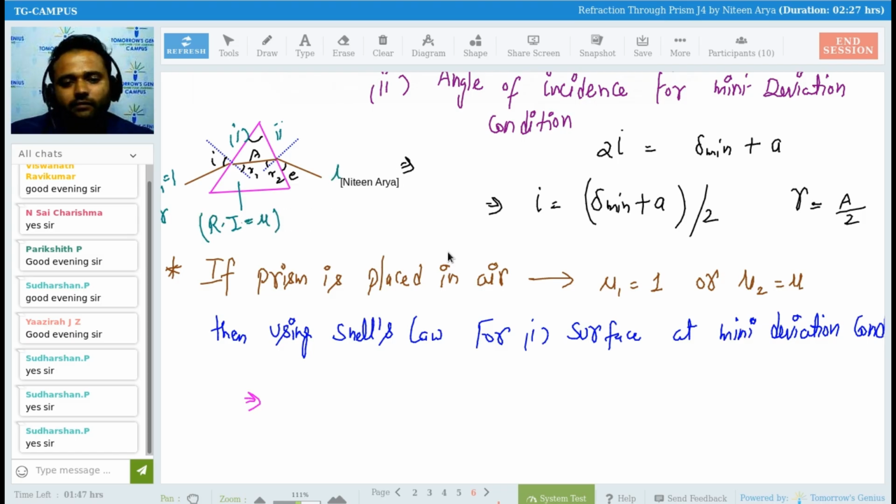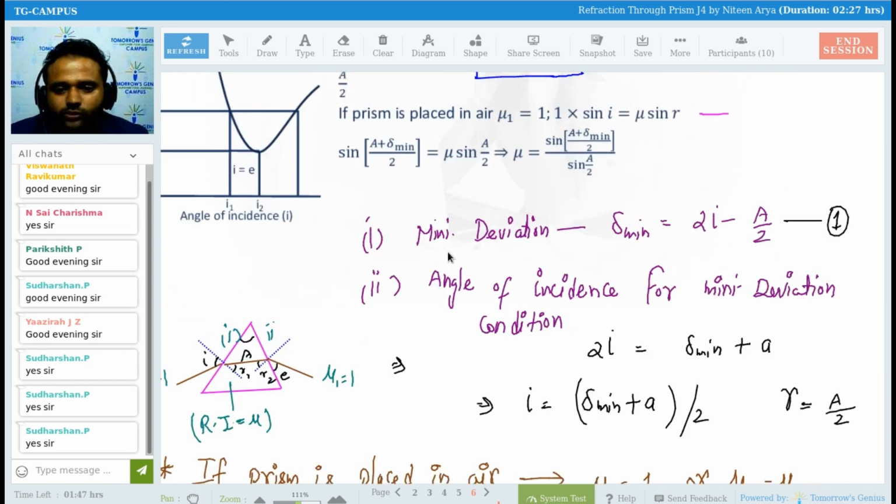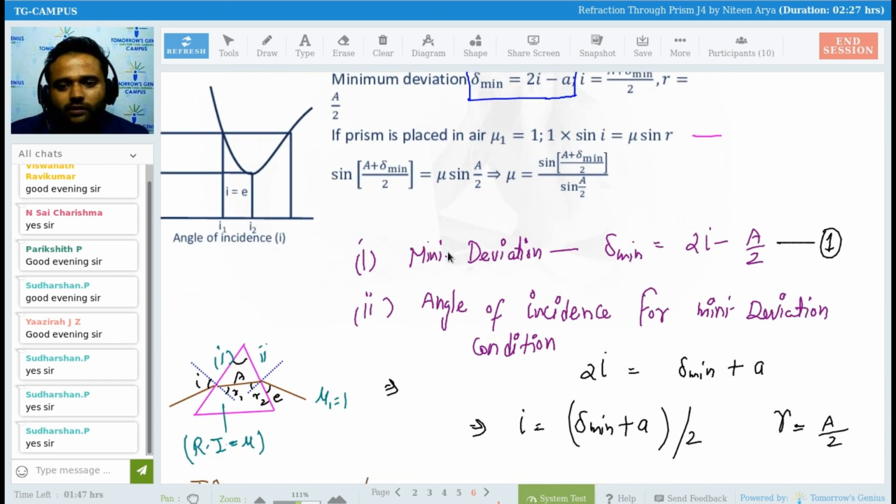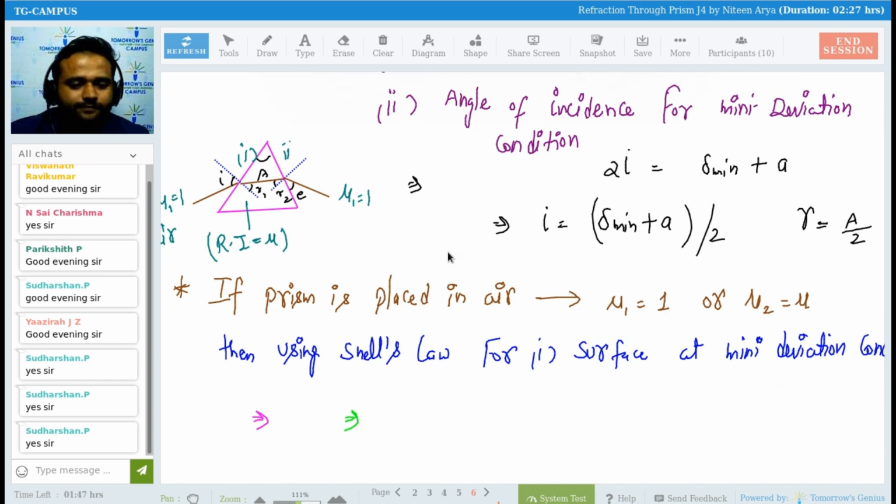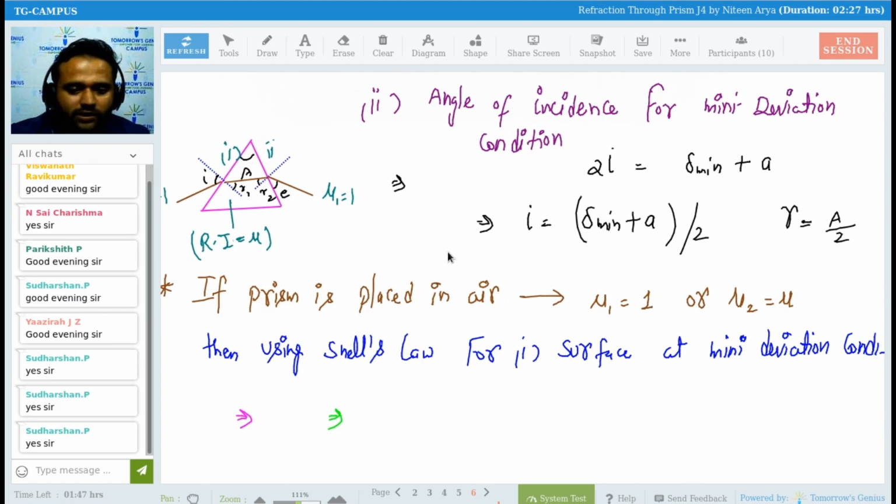Clear? And again mu1 equals 1. So using Snell's law for the first surface, this surface, very easy. Then the same equation we are going to write, as you can see, mu1 sin I. Clear? I am using here Snell's law for the first surface at minimum deviation. You need to focus on this also, at minimum deviation condition.